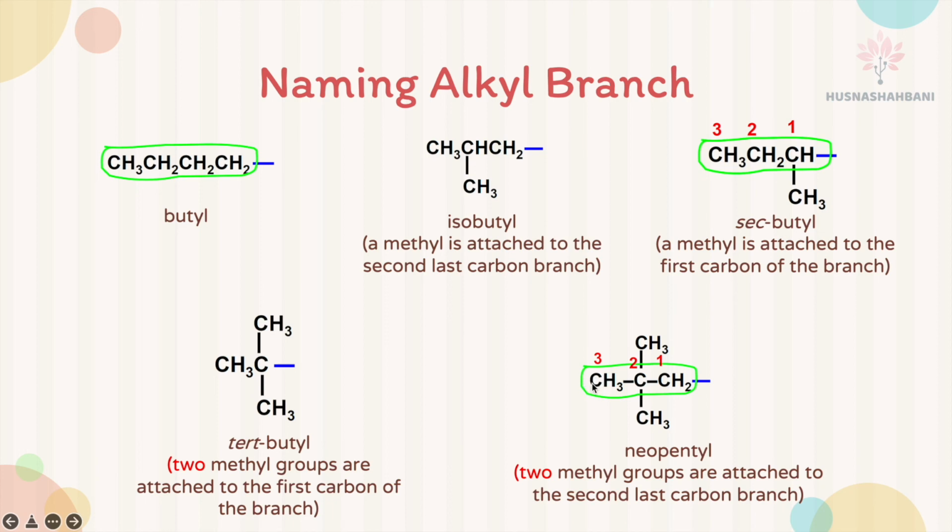The last carbon is the third carbon, means the second last carbon is the second carbon. If there are 2 methyl groups attached to the second last carbon, the name is neo. If 2 methyl groups attached to the first carbon, the name is third. 2 methyls attached to second last, neo. Neopentyl because total number of carbon in the branch are 5 carbons in total.